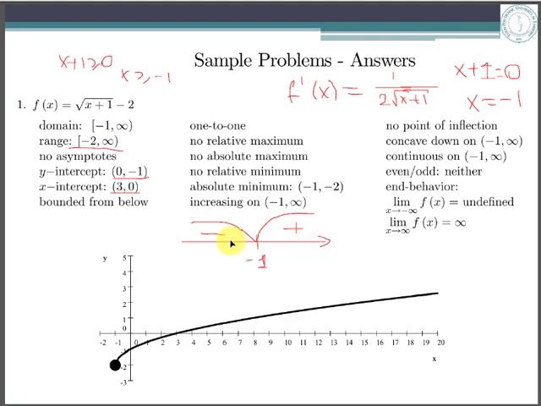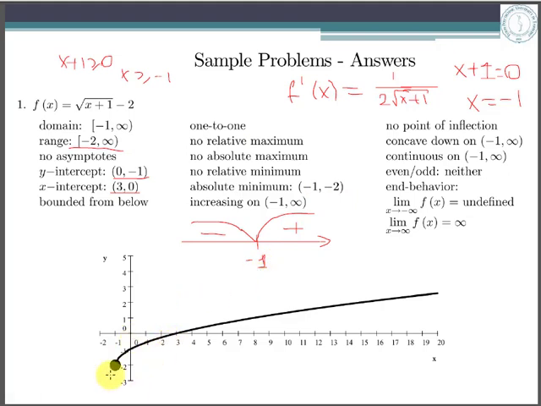So it means it moves from minus to plus. And what was it if it moved from minus to plus? It was a minimum point. So this is the absolute minimum point, and at minus 1, the function takes the value minus 2.